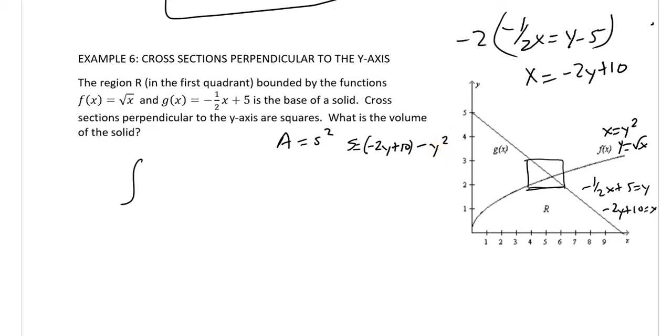And then our integral would just be the integral from 0, and we have to find our other bound, which is going to be the y value of that intersection point. We'll find that in a minute. It is negative 2y plus 10 minus y squared, all quantity squared dy.